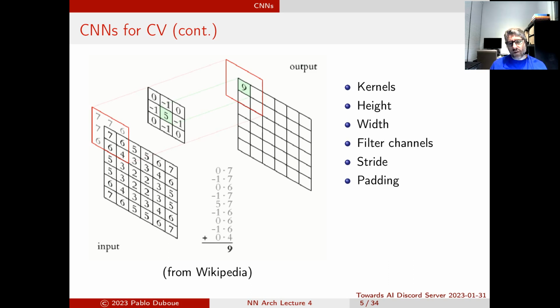Finally, each of these kernels can be stacked, so the kernel can produce multiple features, and can also run on an input that has multiple features per position. Those are called the channels, and so you have a number of input channels and output channels. In general, when we discuss CNNs, we talk about the height, the width, and the number of output channels.